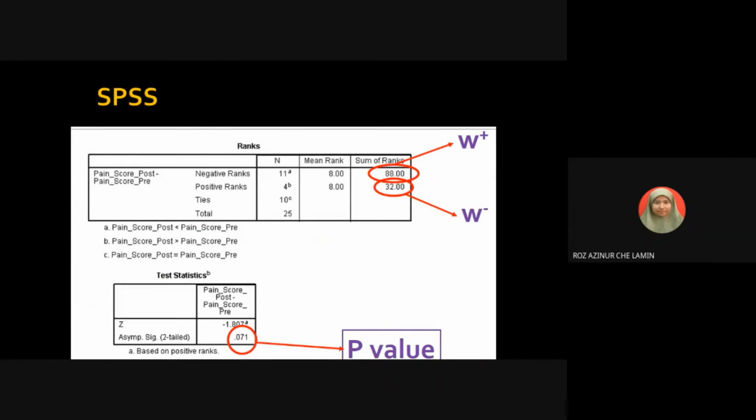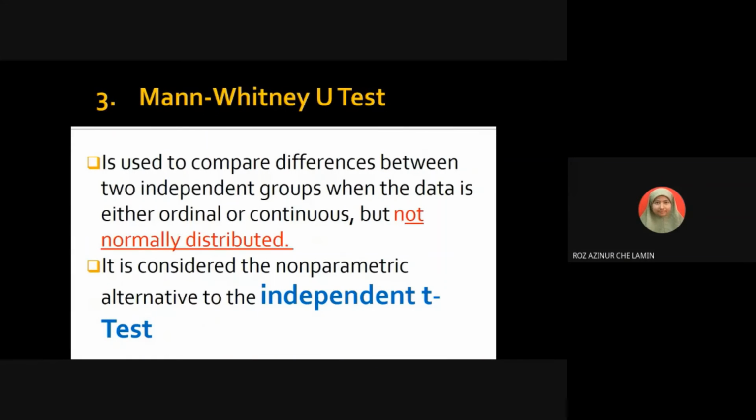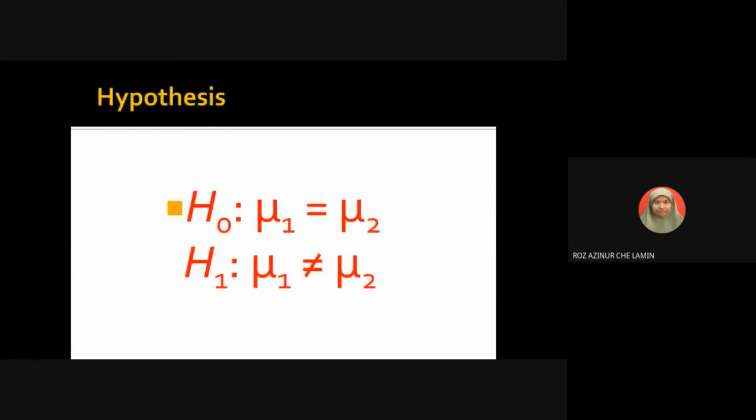Next we move to the Mann-Whitney U test. The Mann-Whitney U test is used to compare differences between two independent groups when the data is either ordinal or continuous, but not normally distributed. It is considered the non-parametric alternative to the independent t-test. The hypothesis is also the same.